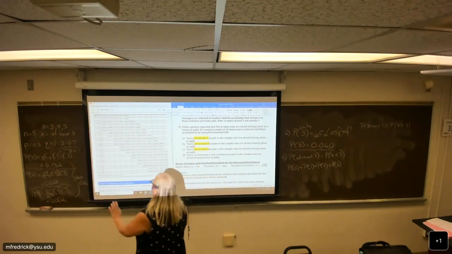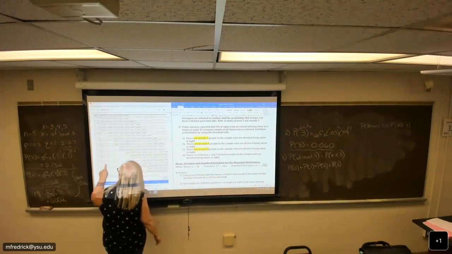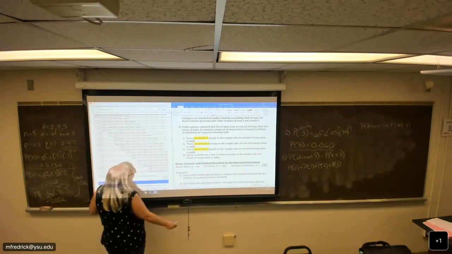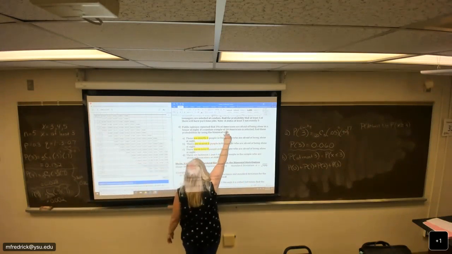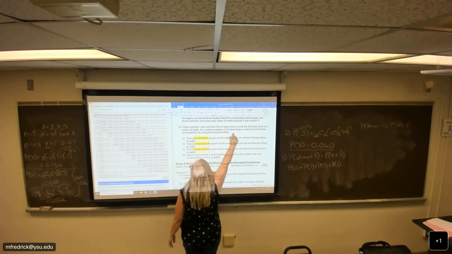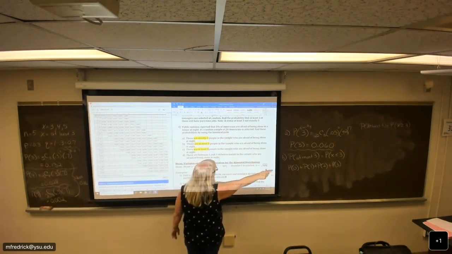Okay, so 0.05 was this column. N was 20 because it's a sample of 20. And then we wanted 0, 1, 2, and 3.